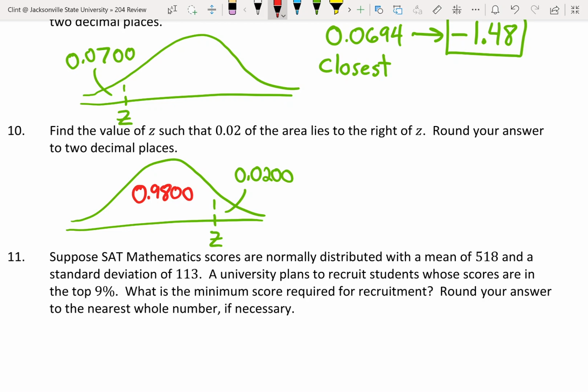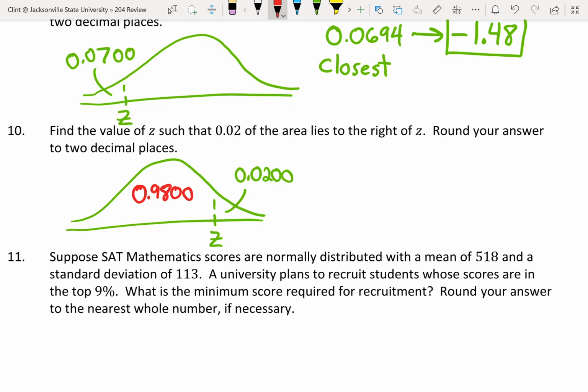So then you could look up 0.98 in the table. If we look for 0.9800, the closest one I'm seeing is 0.9798.